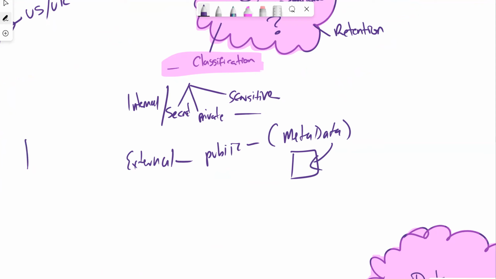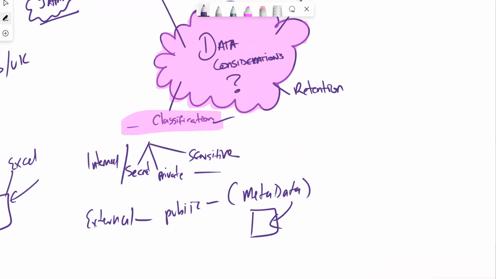So if we've got a bunch of confidential documents that are Excel files, then we've got to go into the metadata of those Excel files and configure and tag them appropriately to ensure it's done correctly within the file. Then we create the data handling procedures and policies for how we deal with and handle the data with these various classifications, across the entire business. So that's a little bit about classification in a nutshell.